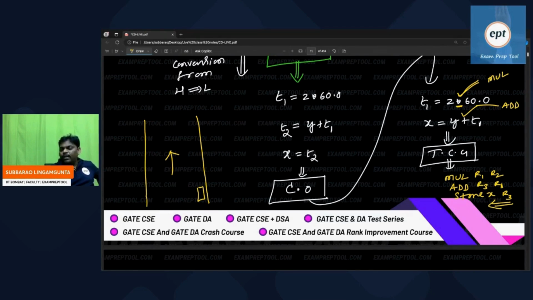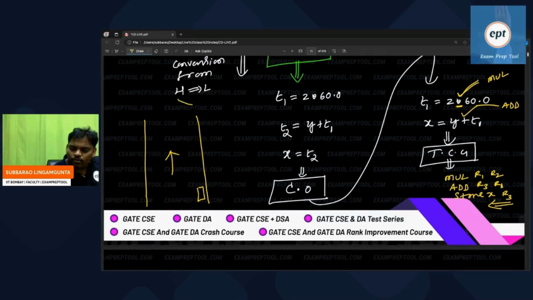Will you go directly or go intermediate? Go to the middle first.